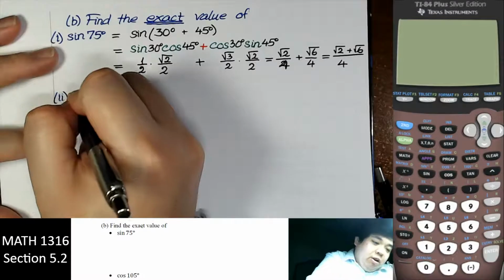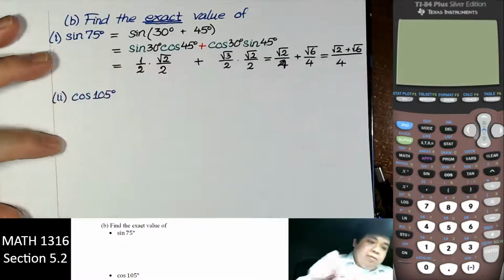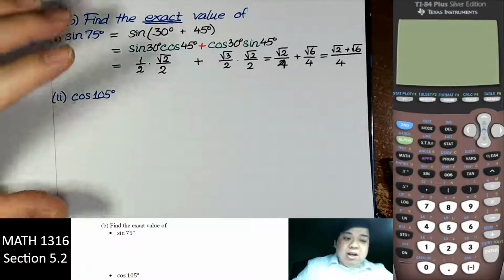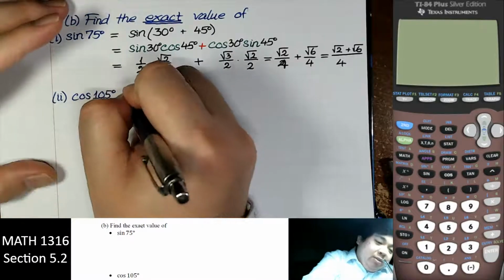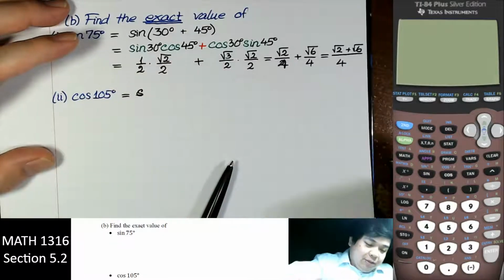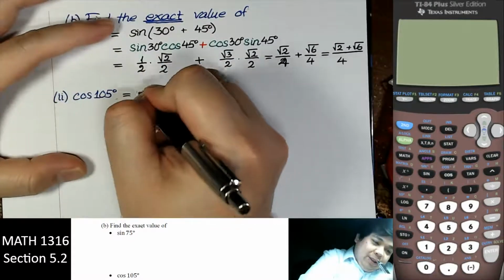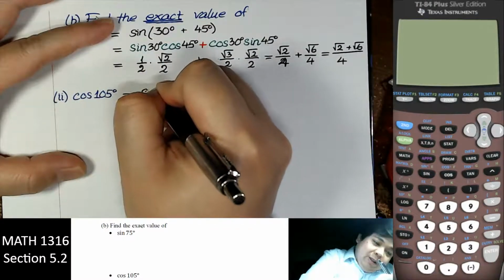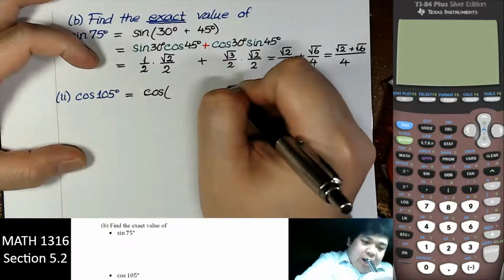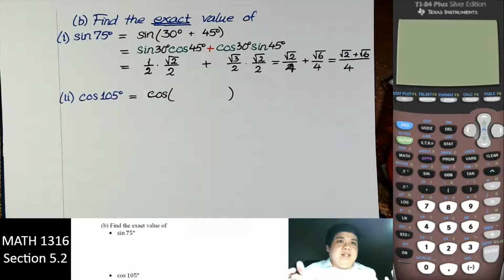How about cosine of 105? So trying to get a combination that gives us 105. There's a few things we can try. To get 105, let's say 30 and 75.